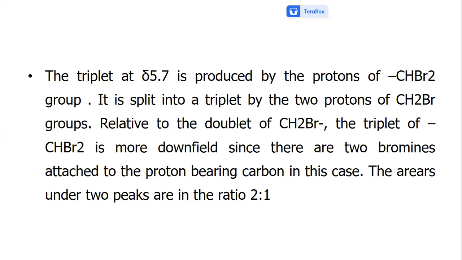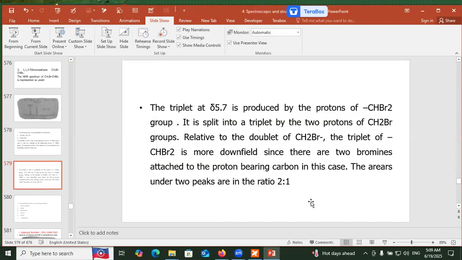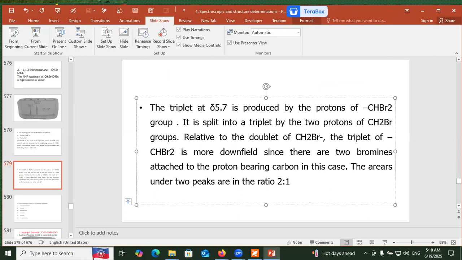Relative to the doublet of CH2Br, the triplet of CHBr2 is more downfield since there are two bromines attached to the proton-bearing carbon in this case. The areas under the two peaks are in the ratio 2:1.